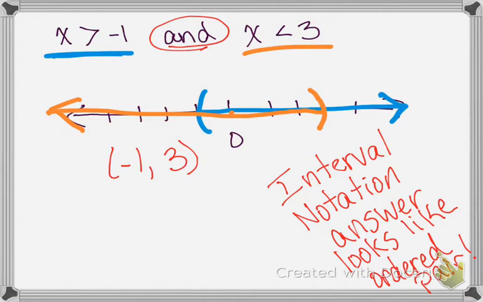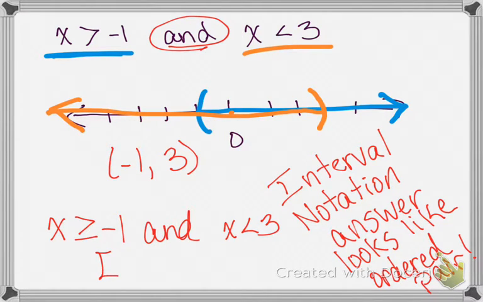If I had x is greater than or equal to -1, and x is less than 3, you would use a bracket here, and you would use a parenthesis here. Because the -1 has the or equal to, we have the bracket here. So you can have a bracket on one spot and a parenthesis on another. Excellent question. Thank you. Okay?